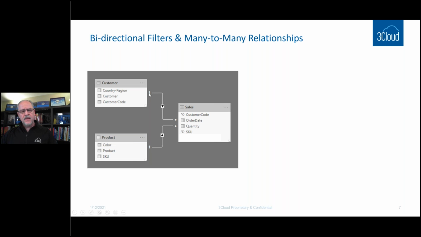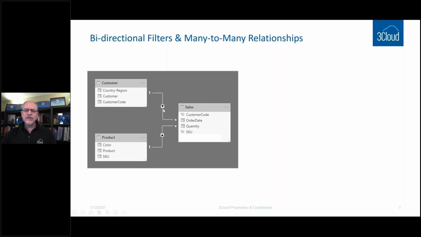Cardinality meaning how many records are related to the related records in another table. In this case, it's a one-to-many relationship. That's pretty typical. A sale can only occur for a particular customer. So as we go from sales to customer, we end up with one over here, but a customer can have multiple sales. So that's one to many.